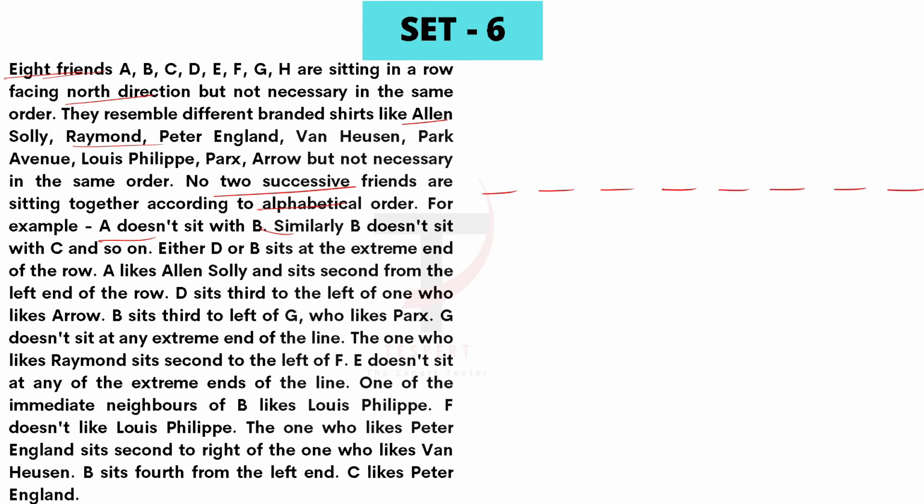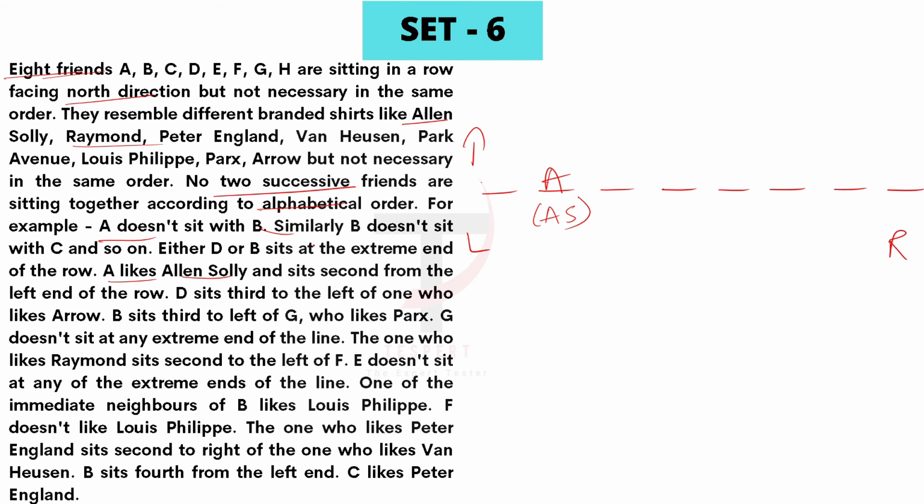Next statement: A likes Allen Solly and sits second from the left end of the row. Since all these 8 friends are facing north, this will be the left, this will be the right. Second from the left is this. So A will be here, and he likes Allen Solly, which is AS.